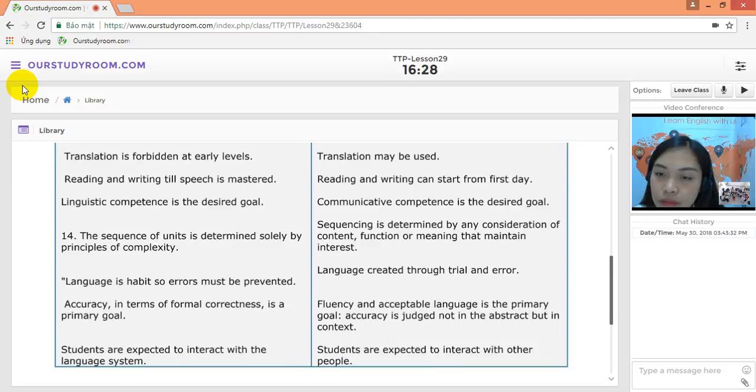But contrary to audiolingual, in communicative, teachers often use context-based situations to teach this language. That is my opinion. I'm not sure. Okay, thank you very much, Teacher Anna.